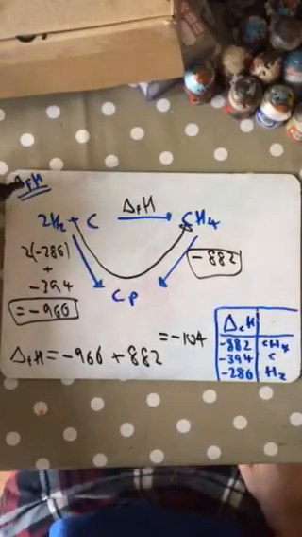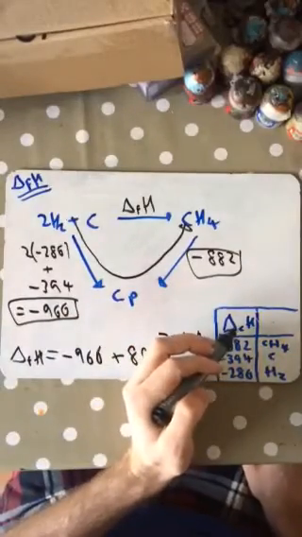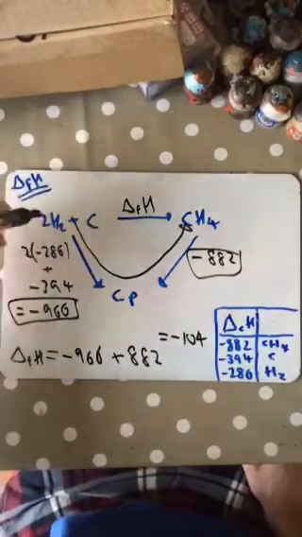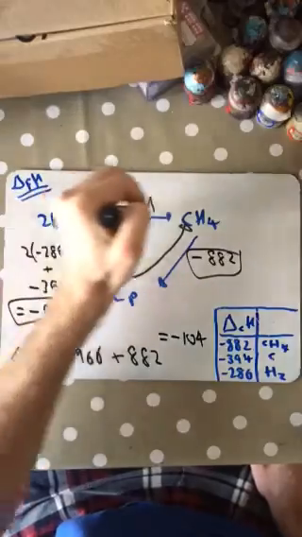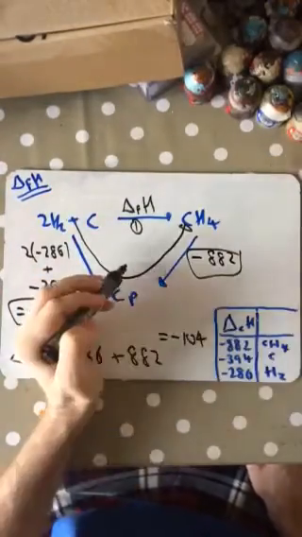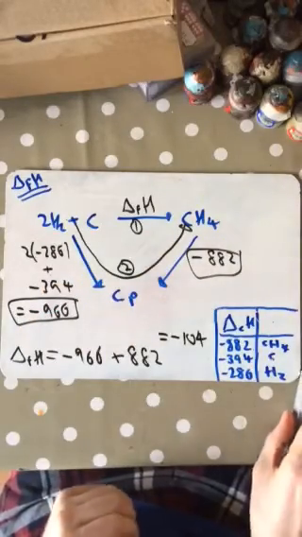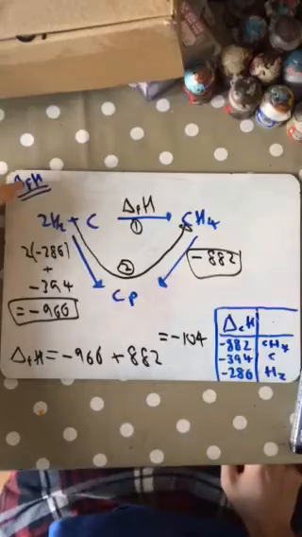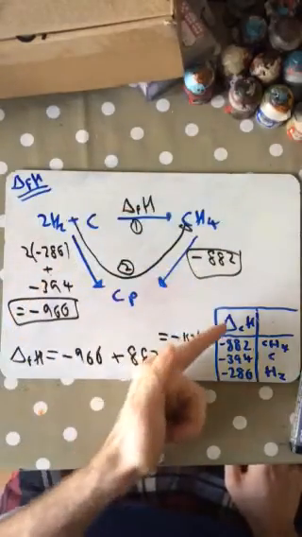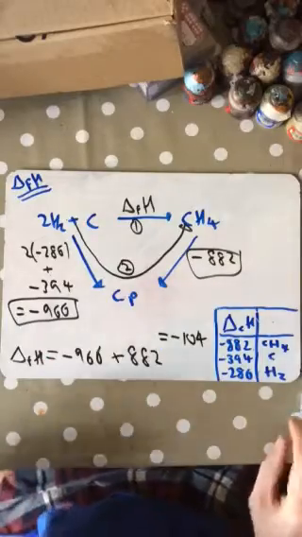It's totally fine for the question to ask you about formation and the data to be on combustion, because the question is the equation going across the top, pathway 1, and the data in the table is the alternative pathway, pathway 2. What it couldn't do is ask you about formation and then give you the enthalpy of formation data. You would not be able to make a Hess cycle from that.